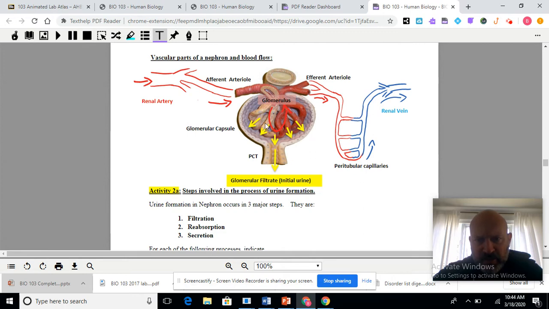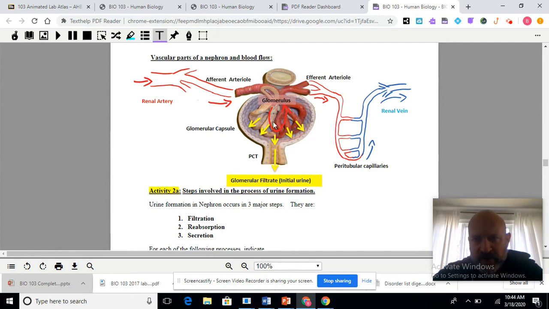It's inside the glomerulus that the blood would be spinning around and around. Because of the centrifugal force of this spinning blood, the contents of the blood are expelled. Once the contents are removed, they end up in this little cup-like structure called the glomerular capsule.